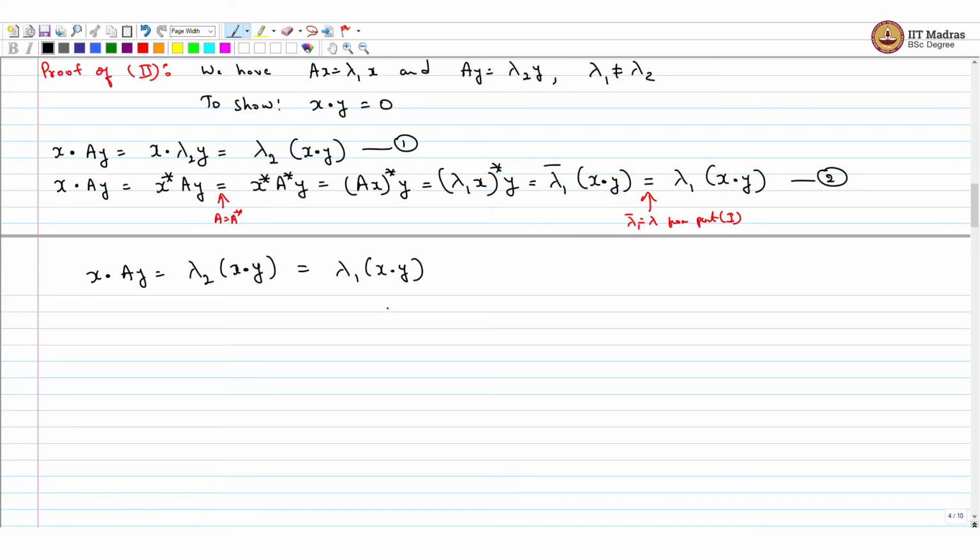Okay, since lambda 1 not equal to lambda 2, the only way I can get this equality is that x dot y equals x star y equals 0. Yeah, that's the end of the proof.